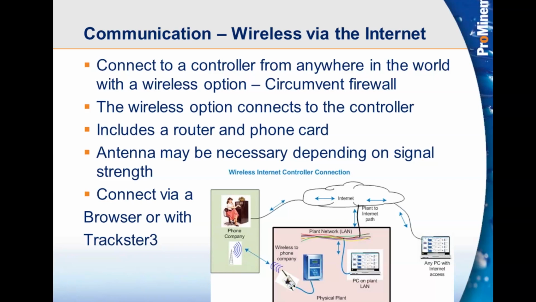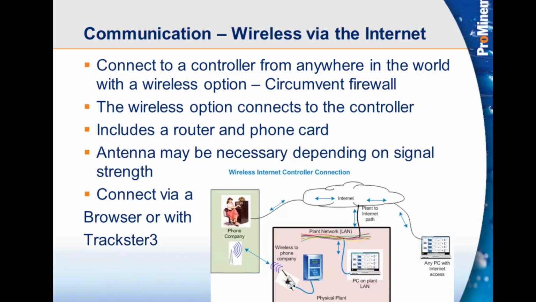Once you connect a controller to the internet, you can't at the same time have that controller on the plant network, because now the plant network would be on the internet.